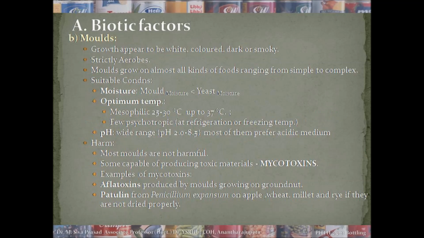Next, biotic factor, that includes molds, which cause spoilage of canned foods. Basically a powdery white or colored, dark or black, or smoky growth on the surface of simple to complex types of food material. It grows on the surface of the foods, and this particular mold is characterized as a strict aerobe.